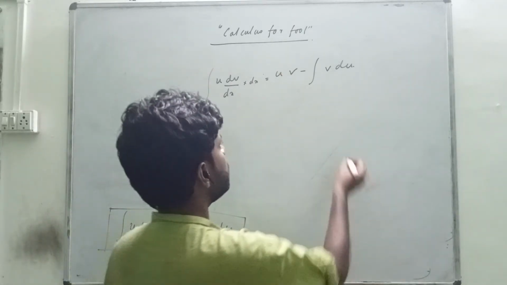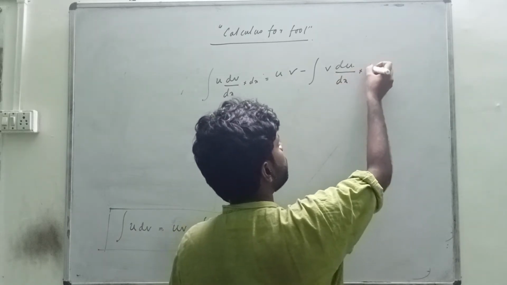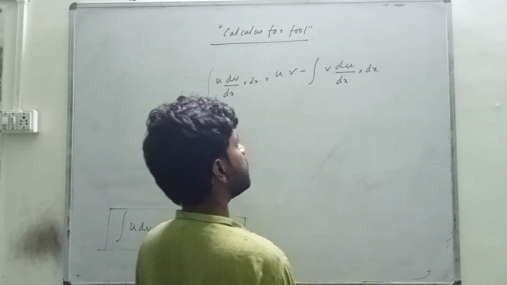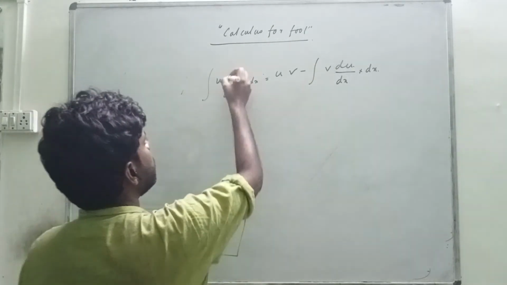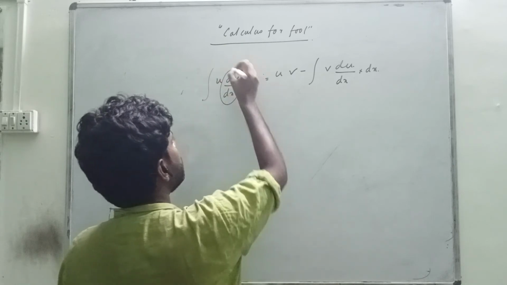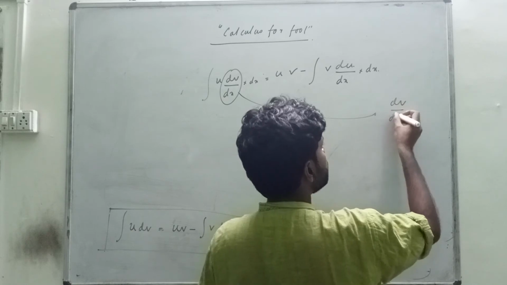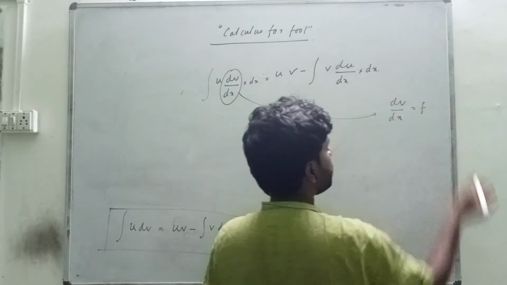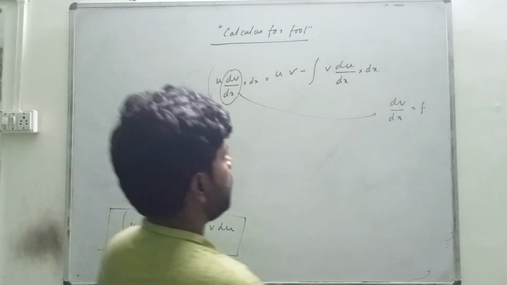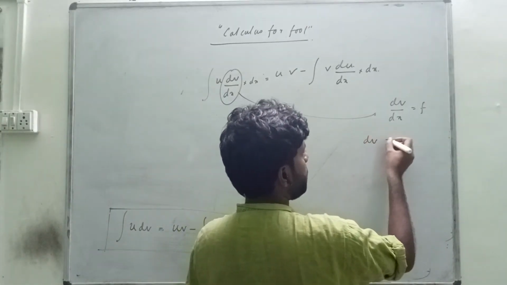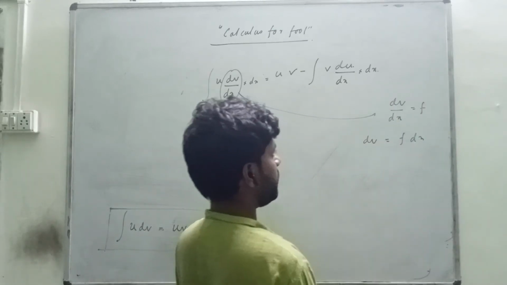And let dv over dx equal to something, just f. So dv over dx equals f, so dv equals f dx, just cross multiply here.